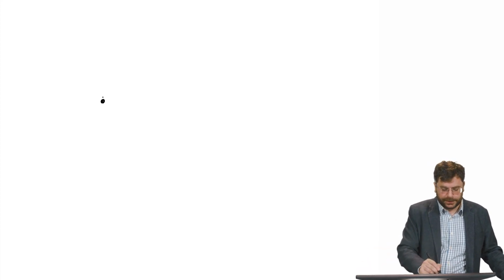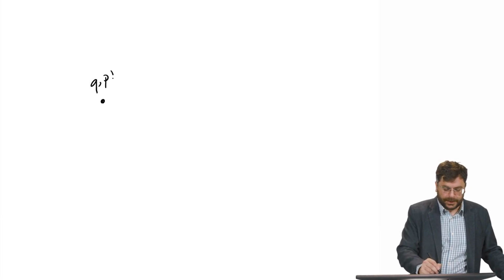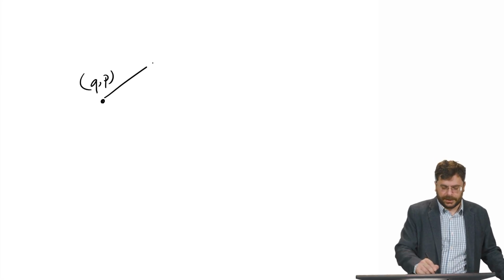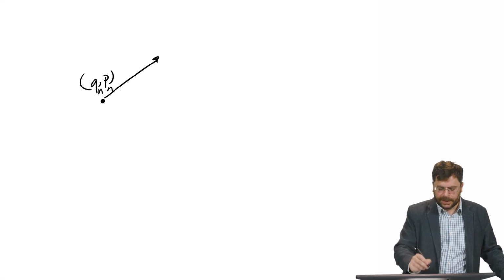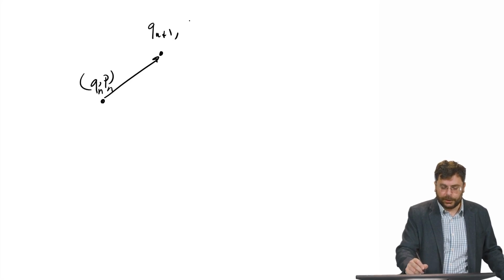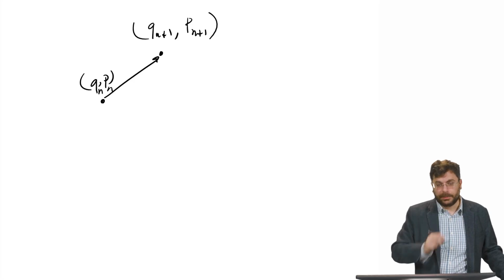Now, when I'm evolving according to Newton's equations, if my state starts off with some q and some p, I evolve to some point later, let's call this n, and depending on what the forces are, I end up at a very specific point in the future, which we'll call qn+1, pn+1.